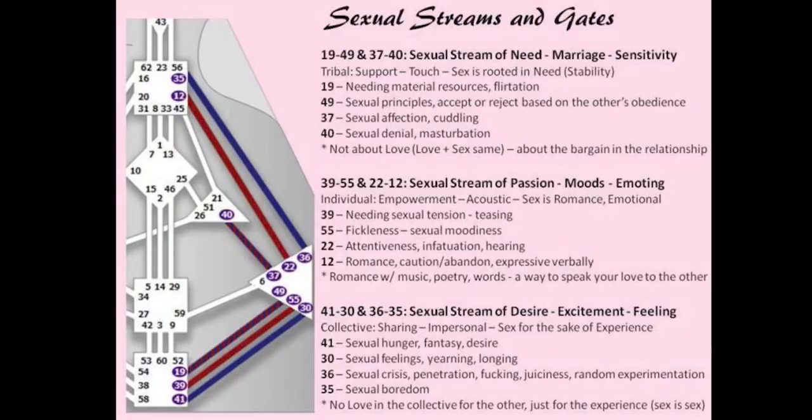It's not just physiological. It's literally down to everything from how we digest to what we're attracted to, our sexual preferences. You can even see that in a chart. How we are with give and take. It literally is every aspect of our life.